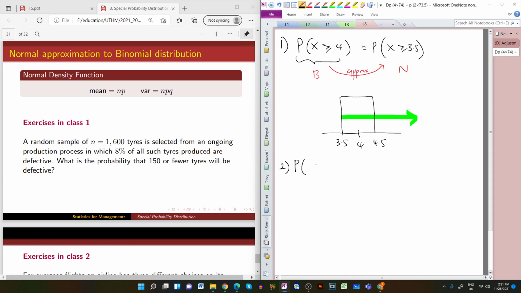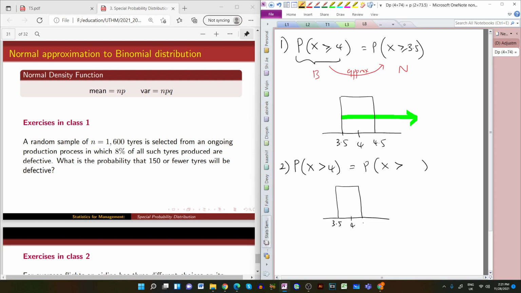Let's say the binomial is x greater, no equal. If I put a box, you have to understand this is 3.5, minus 0.5, this one at 0.5, 4.5, just remember that.